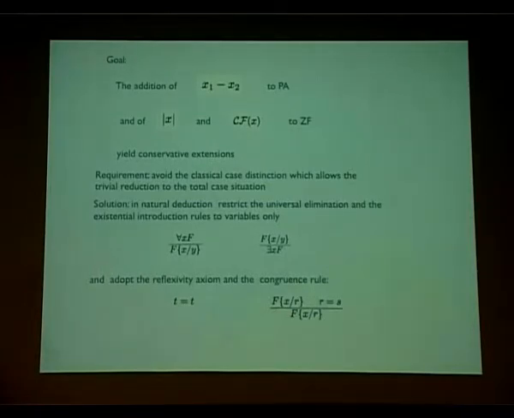This is essentially what you have to do. In the intuitionistic case, though, you need something more to have conservativity. For the other cases, you don't need anything else, but in this case, you also need this axiom, this sort of determinacy of equality, and then you're done.